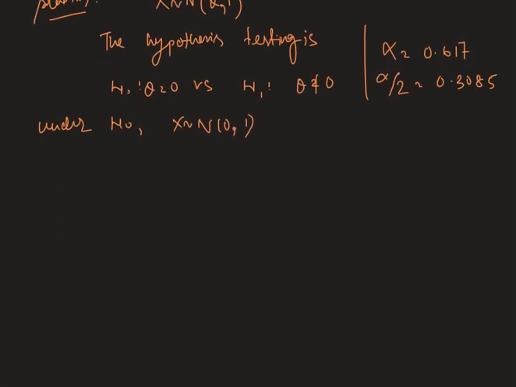Therefore we can write probability of modulus of X greater than 0.5 is alpha by 2.